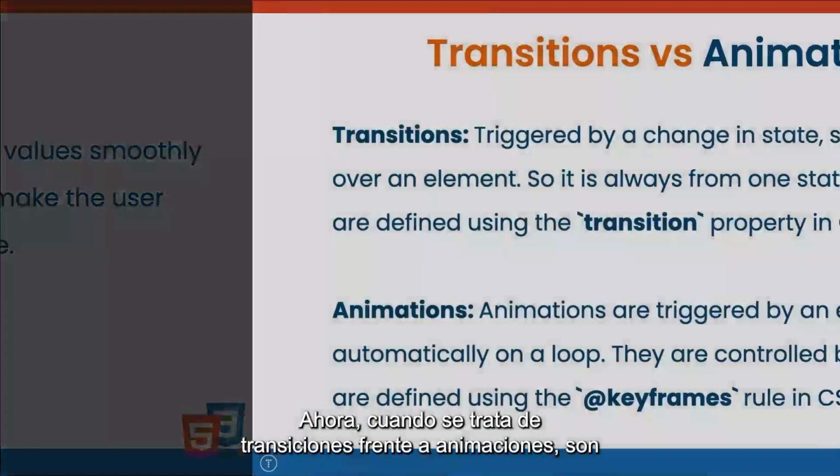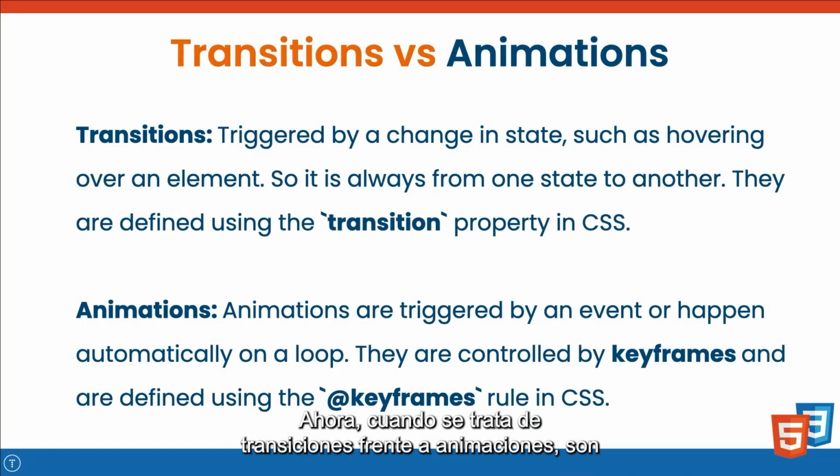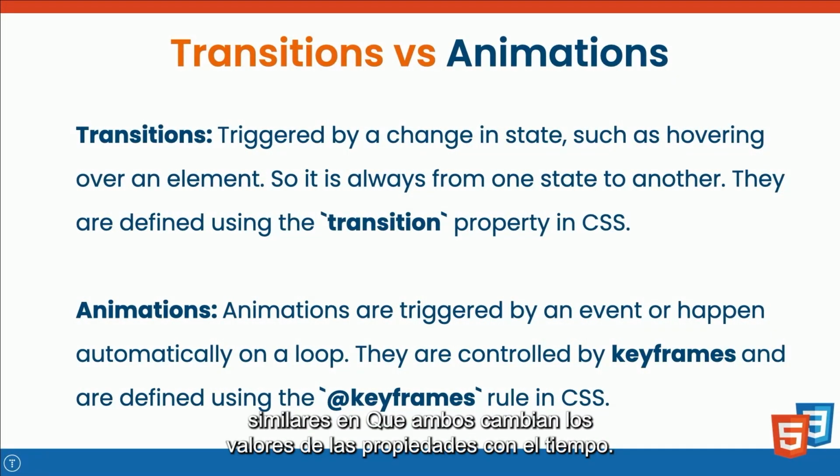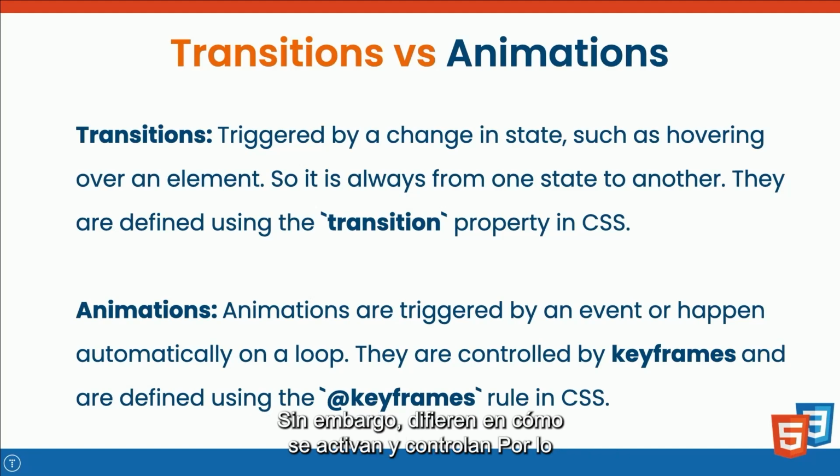Now, when it comes to transitions versus animations, they are similar in that they both change property values over time. However, they differ in how they're triggered and controlled. So with transitions, they're triggered by a change in state, such as hovering over an element. So it's always from one state to another, and they're controlled by the browser and defined using the transition property in CSS.